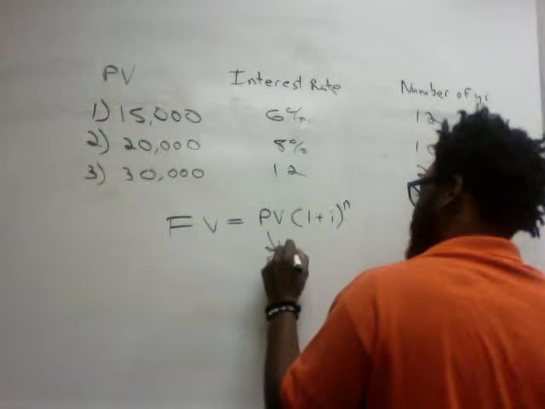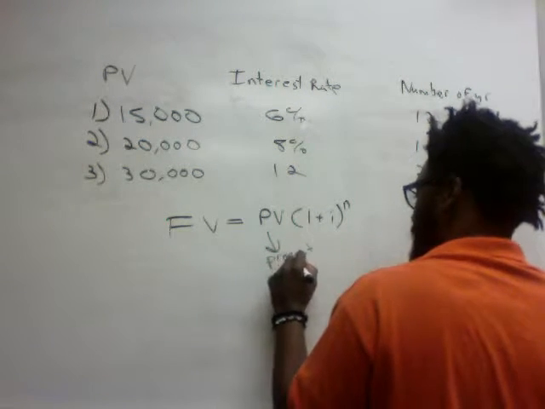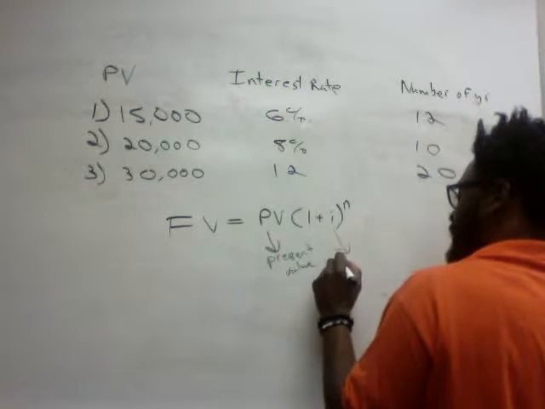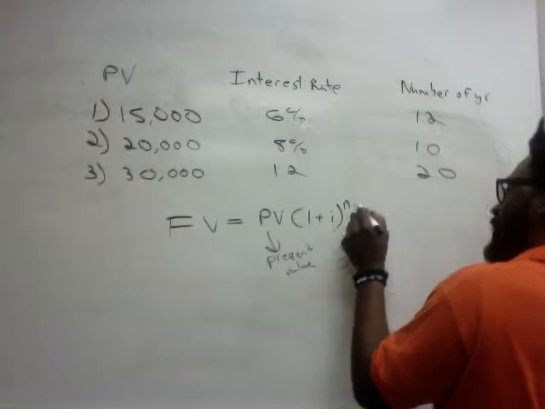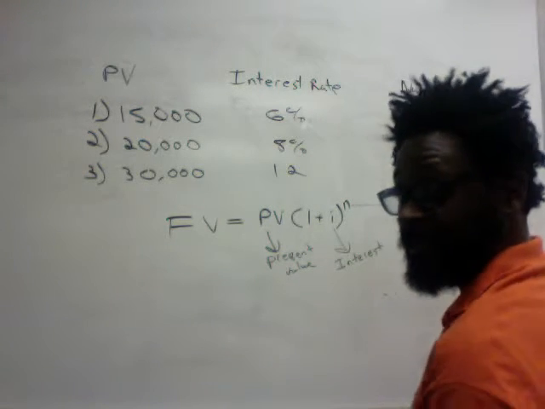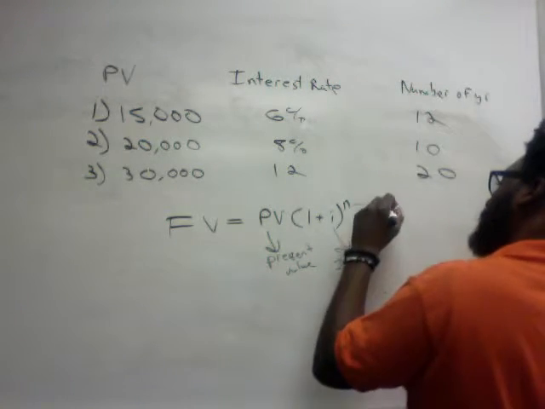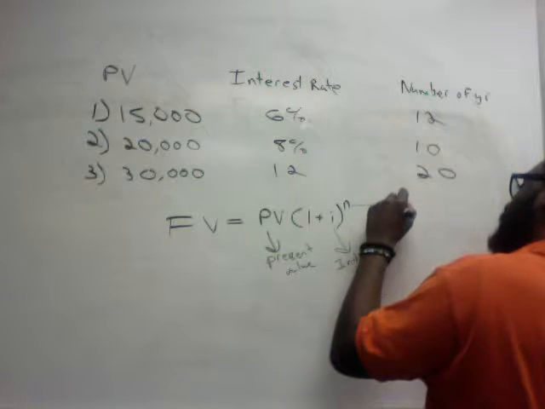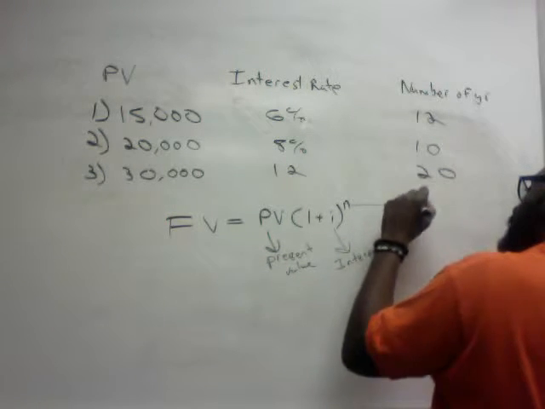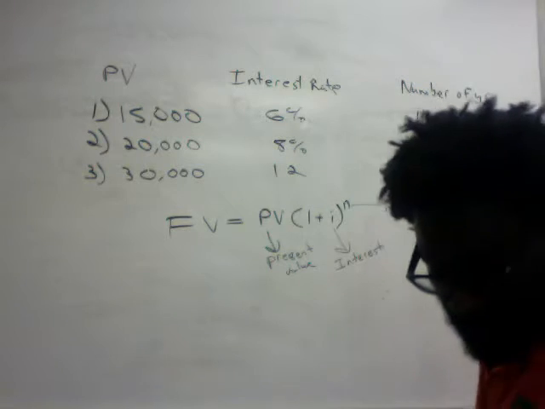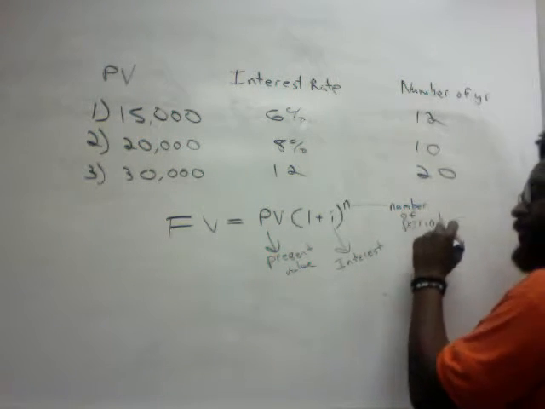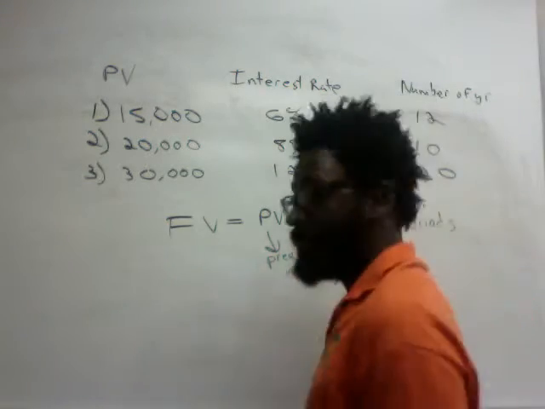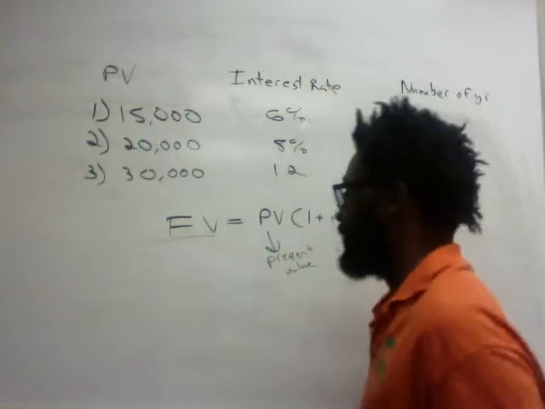You guys already know that. I stands for interest rate. And N, of course, is going to stand for number of periods. FV simply means your future value. This is what we're trying to calculate.